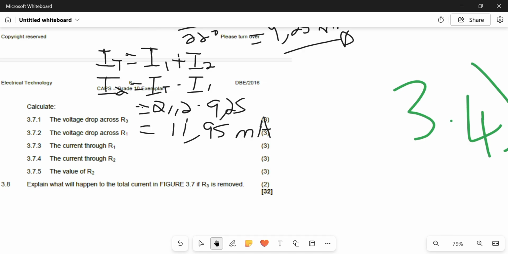So we can play with our formulas because we're looking for R2. We have the voltage across R2 and the current across R2, and the voltage across R2 is the voltage across R1 because of the parallel combination between them.